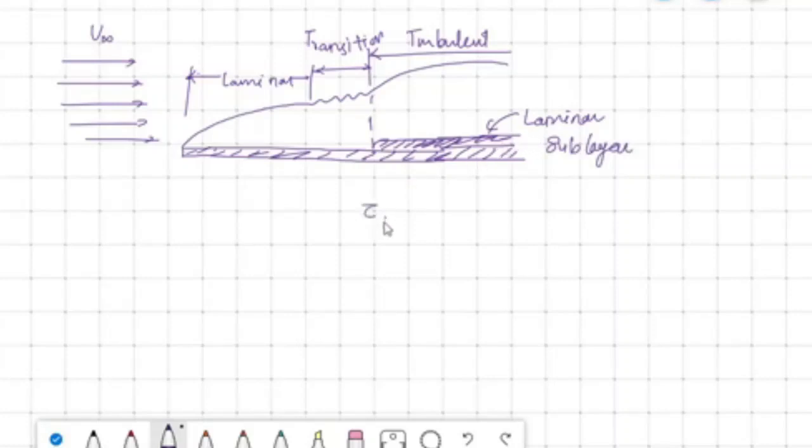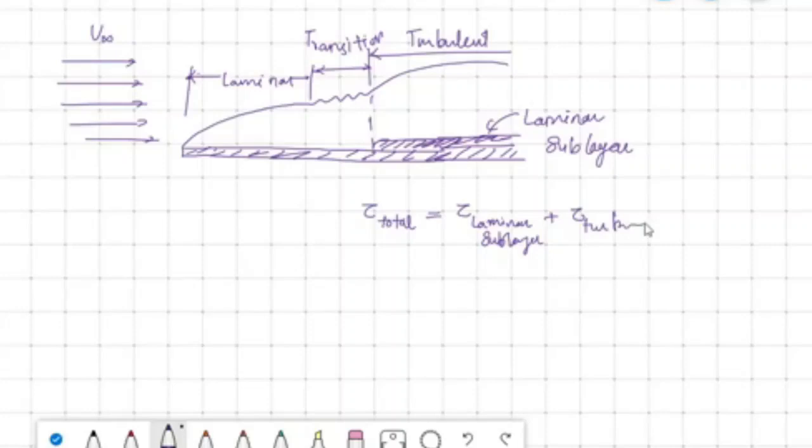So the total shear stress in this turbulent region is equal to shear stress due to laminar plus shear stress due to the turbulent flow. So this is the expression for the shear stress in the turbulent flow.